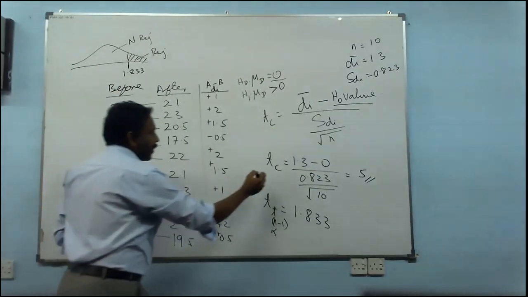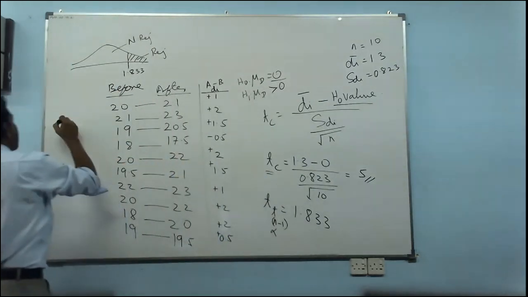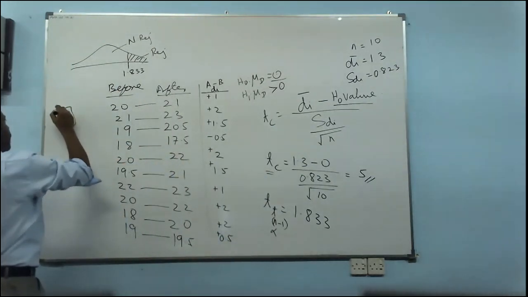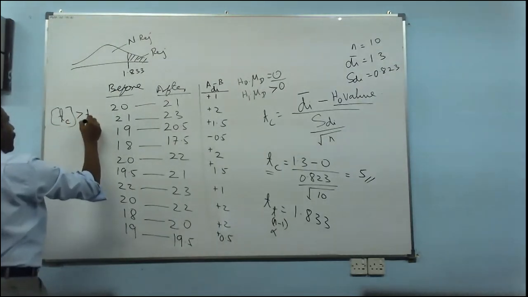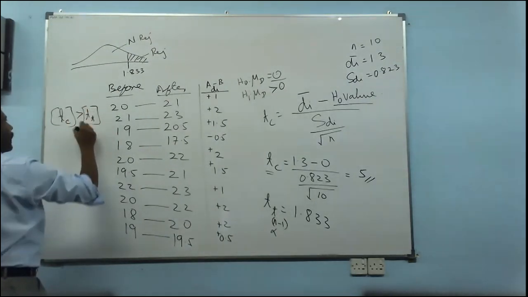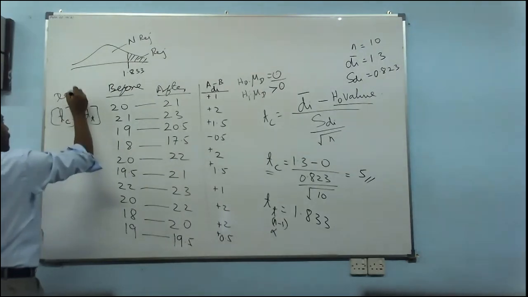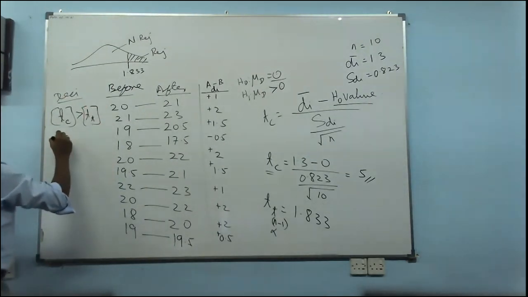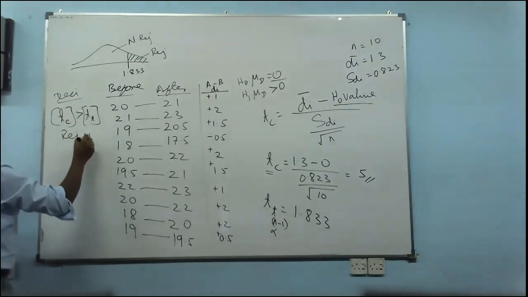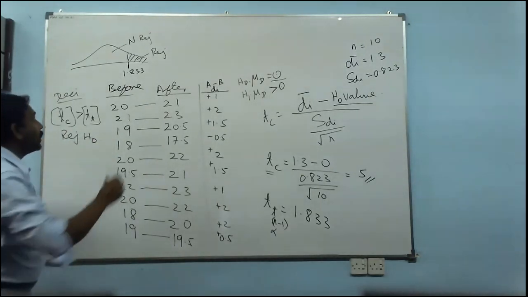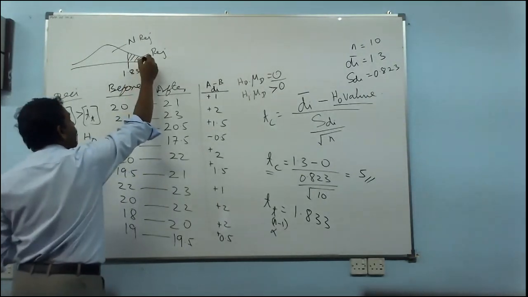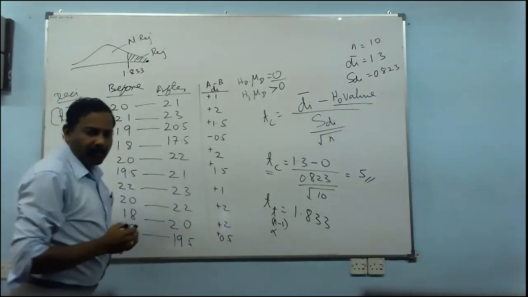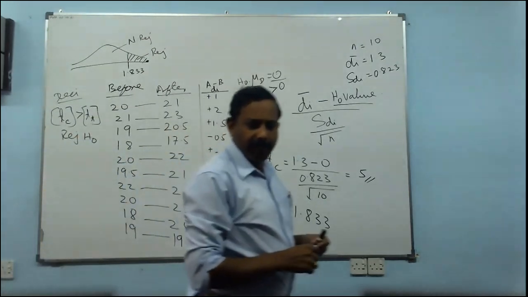Since our calculated value is greater than the table value, that is our decision-making process: if the calculated value is greater, reject the null hypothesis. So 5 falls into the rejecting region.